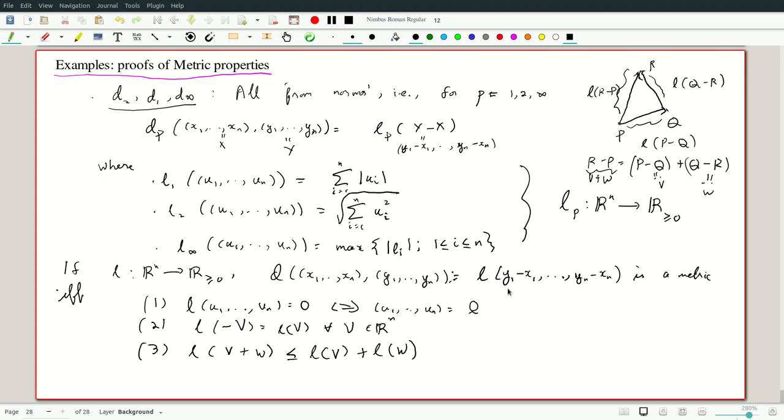Okay, so these are the conditions we have to verify.